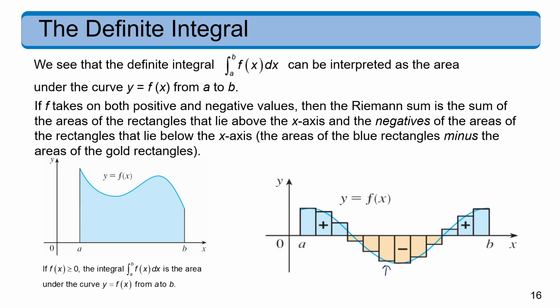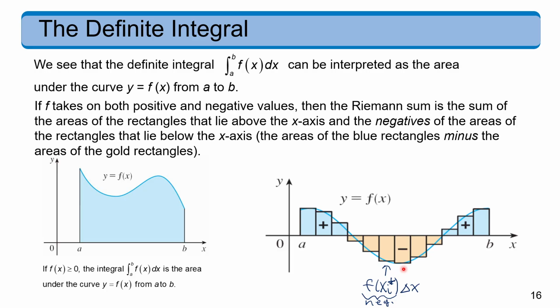To find the area, it would be f evaluated at the chosen sample point times delta x, but this f of x_i star will be negative. And delta x is always the same, it's always positive. So when using our formula in our Riemann sum, these rectangles here will all be calculated as negative values. And then we add up the areas of all of them, although these areas are negative numbers. So they still represent the area, they just have a minus sign in front of them.